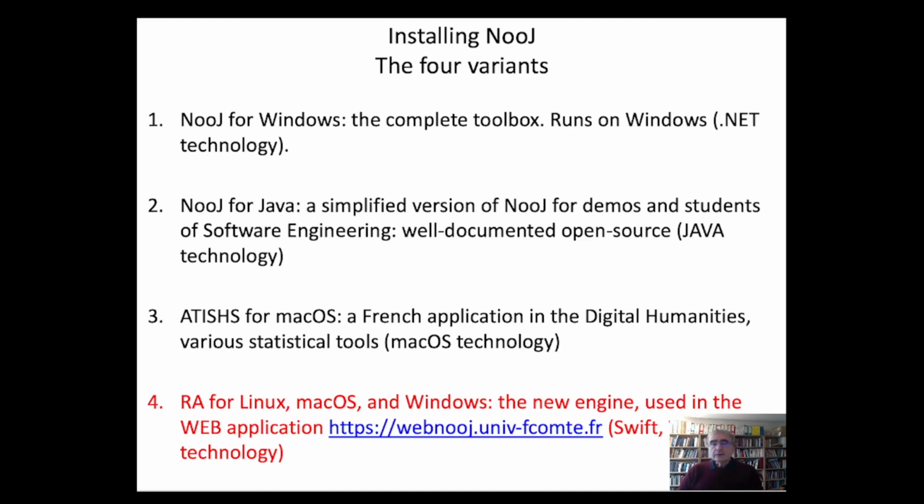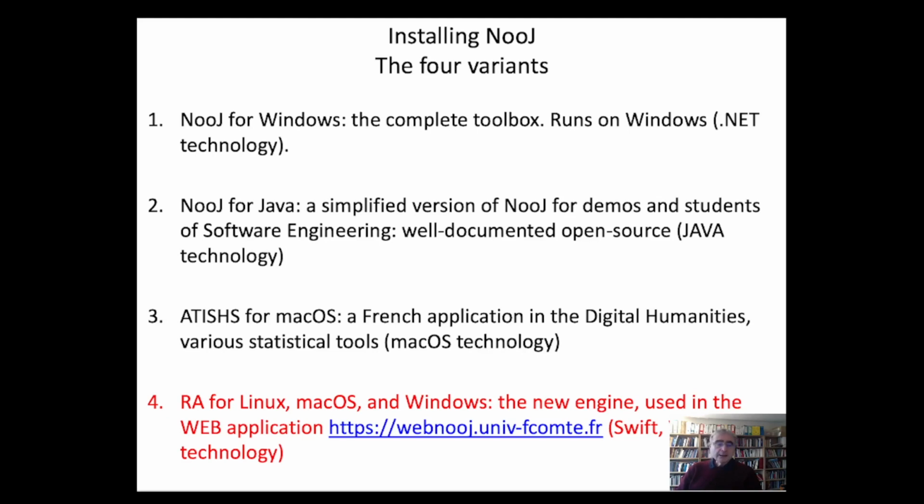As a reminder, there are four variants of the Nudge software. Nudge for Windows, which is a complete package. Nudge for Java, which is a simplified version. ATI SHS, which is a specific version used by researchers in the social sciences and in the humanities to perform some various statistical measurements on their corpora.